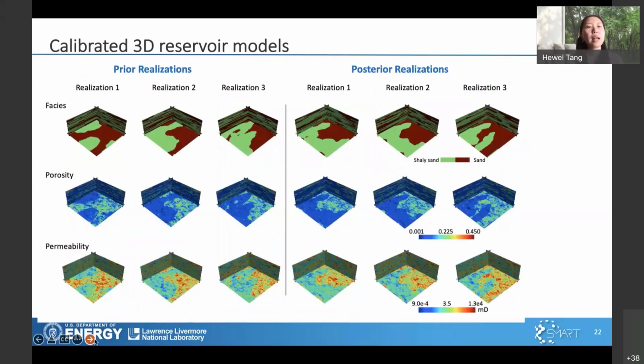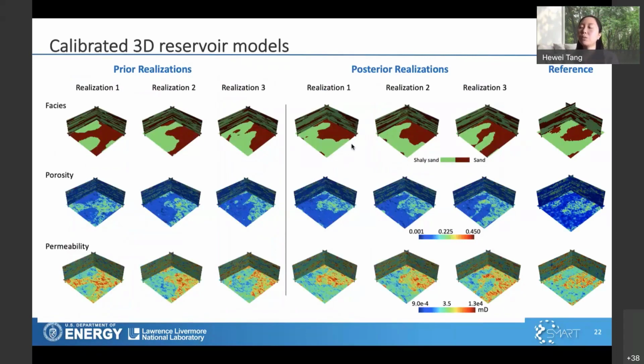And here I show some calibrated 3D reservoir models. I show several realizations from our prior ensemble and also some realizations from the posterior ensemble. Here I also show the reference model for comparison.